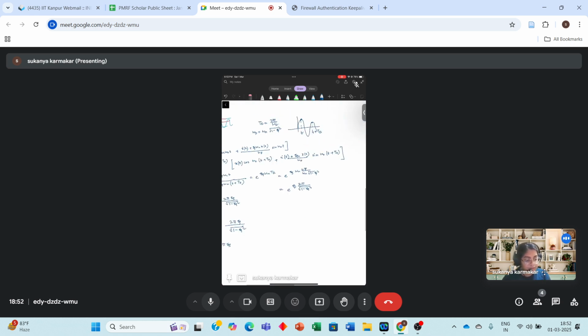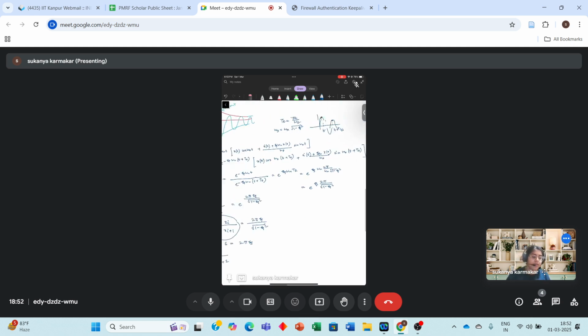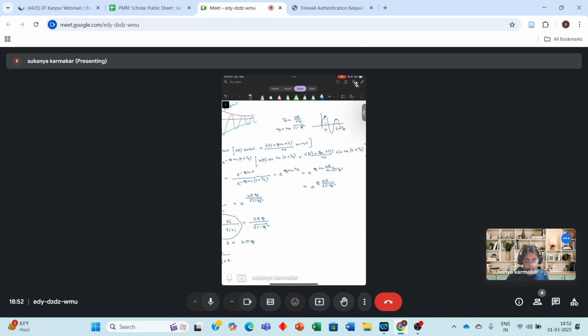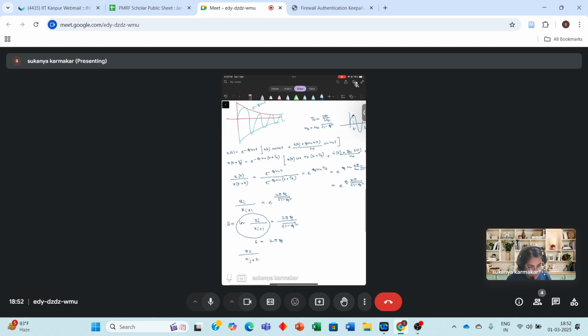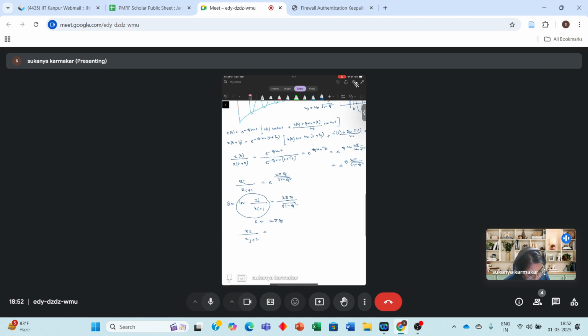Here the difference was TD. Now the difference will be j times TD. So this I can write as x1 by x2, x2 by x3, and this will go up to xj by x(j plus 1). The left hand side and right hand side are the same. These terms will cancel, and they are equal.